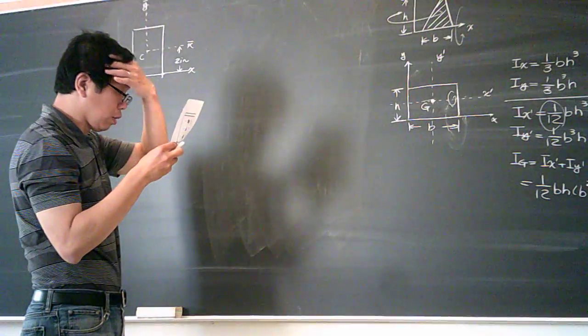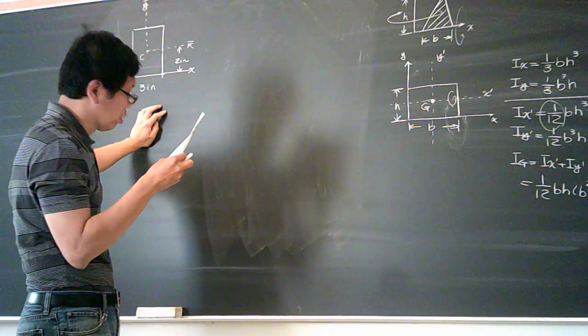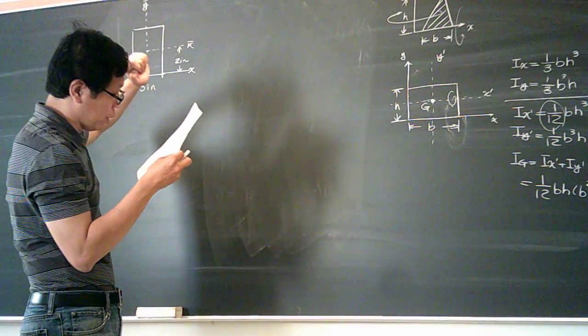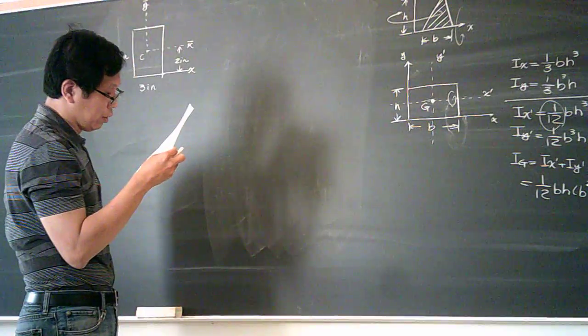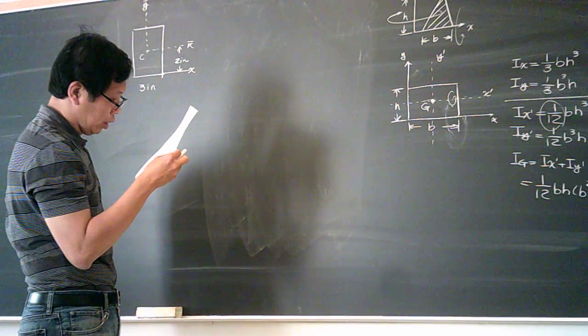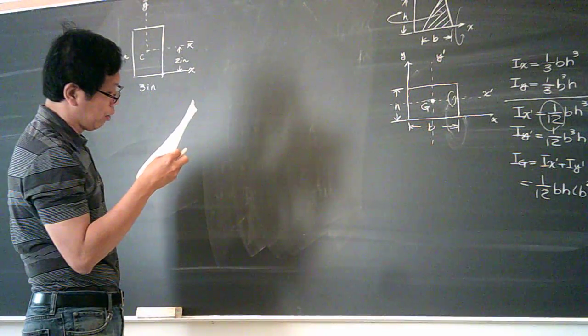Here, for the rectangular area shown, calculate the moment of inertia about the centroidal axes, x bar and y bar, the centroidal polar moment of inertia, and the moment of inertia of the area about the x axis.